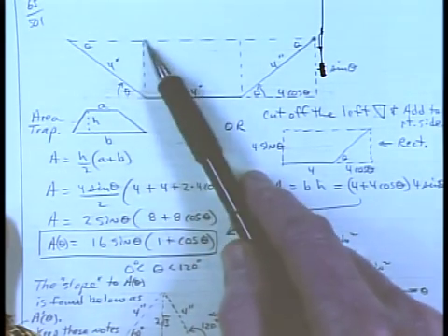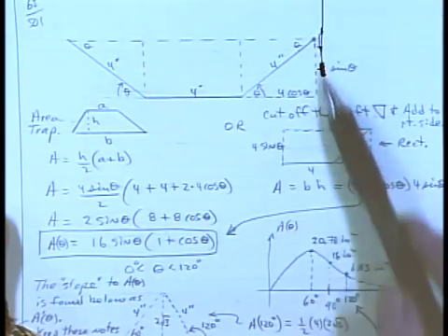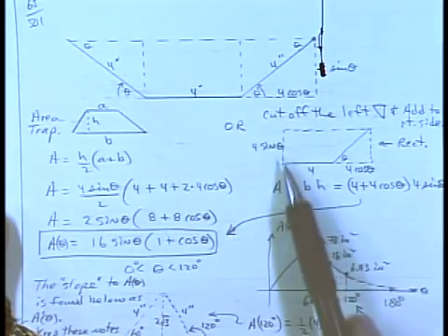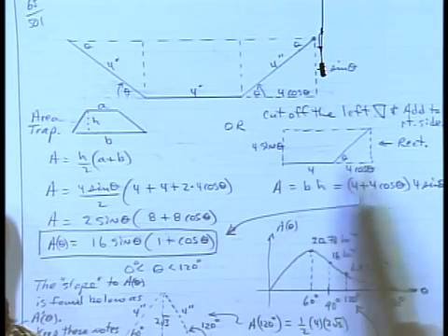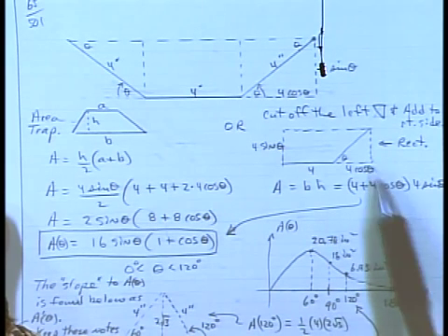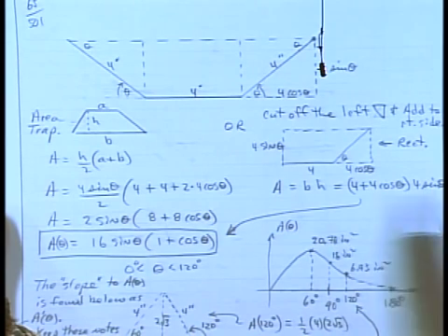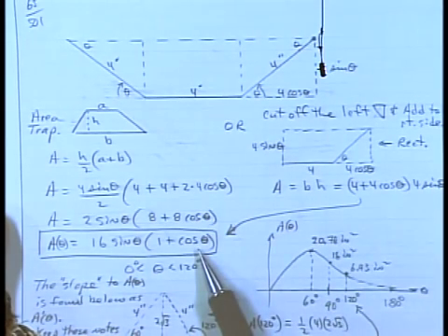That means if we cut this triangle off and glued it on over here, we would form a rectangle shown right down here. The area of that rectangle is base times height. Here's your base, here's your height, and that equation is exactly the same as the equation we got using the other formula.